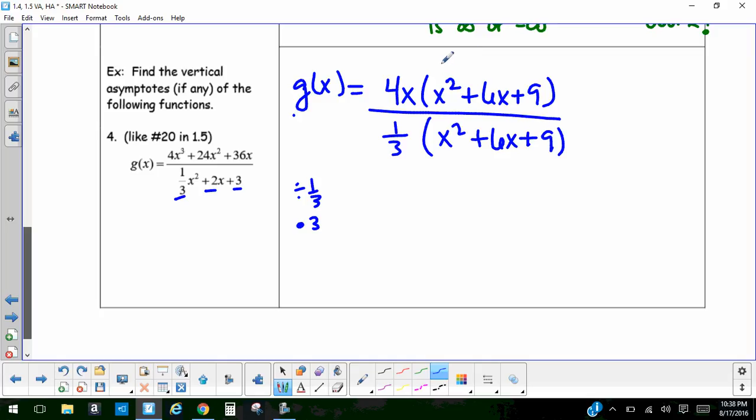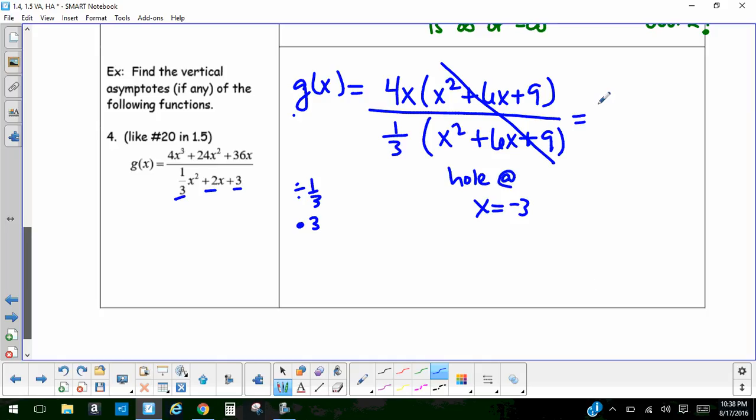Well, that entire parenthesis term wipes out. When that wipes out, that means you have a hole. If you were to factor this more, it's really x plus 3, x plus 3. So you have a hole at x equals negative 3.